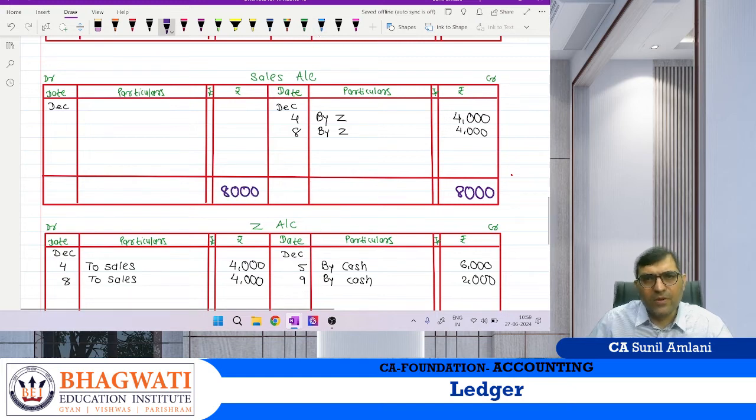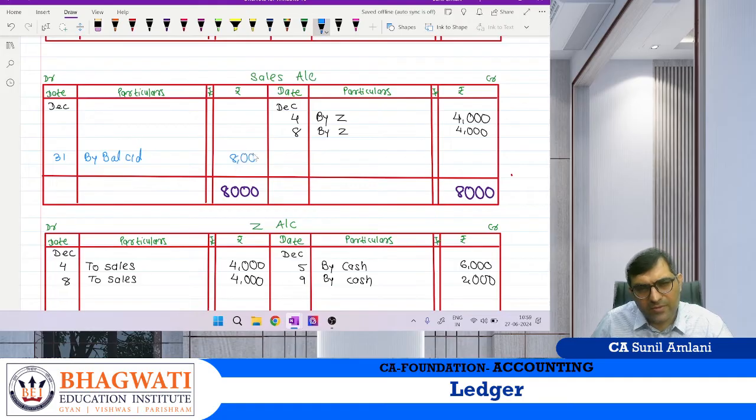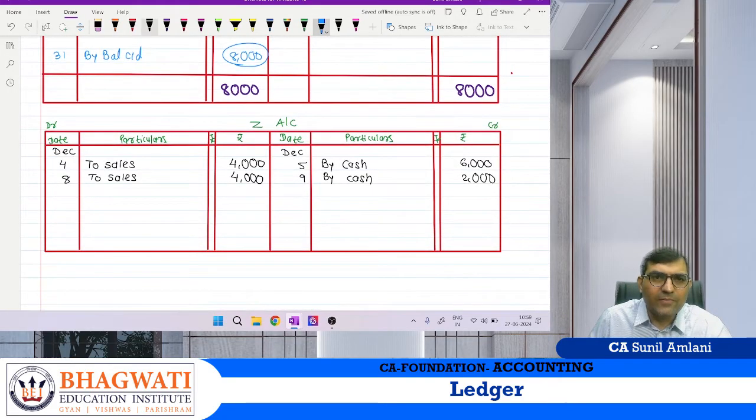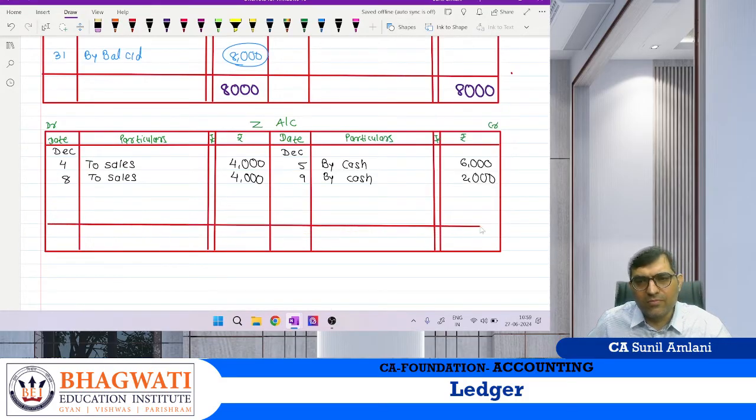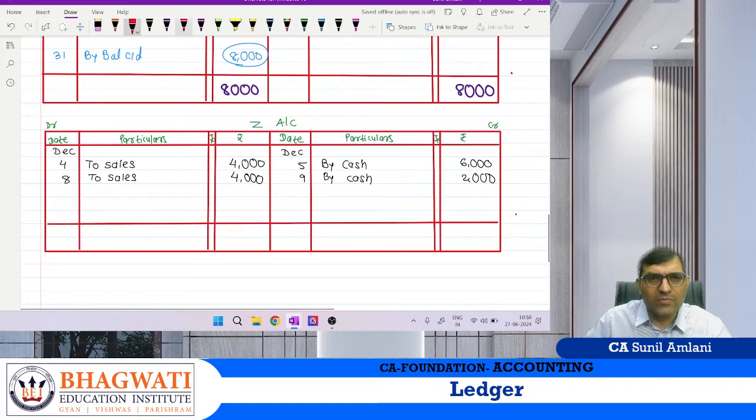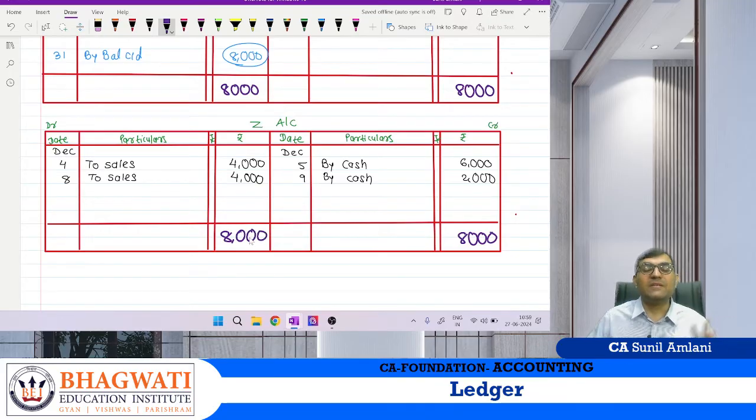Okay. And 31st by balance carried downward 8,000. This is which balance? Credit balance. Okay. And now here 8,000, 8,000. No balance. It's balancing itself, right? It is matching. So no balance.